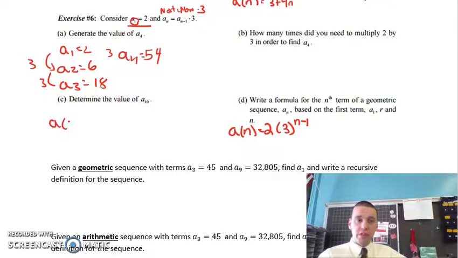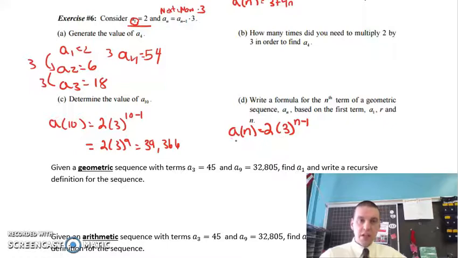If we're looking for A of 10, 2 times 3 to the 10 minus 1. We started at the first term, so we have to subtract 1. We get 2 times 3 to the 9th, and that should give us 39,366. Okay? Writing the formula out is key. Knowing that it starts at the first term, we have to do n minus 1.